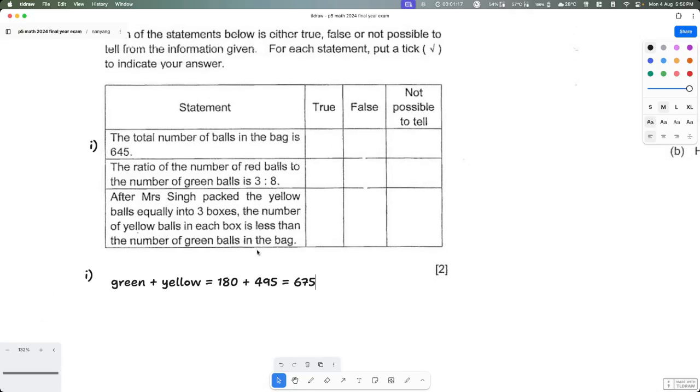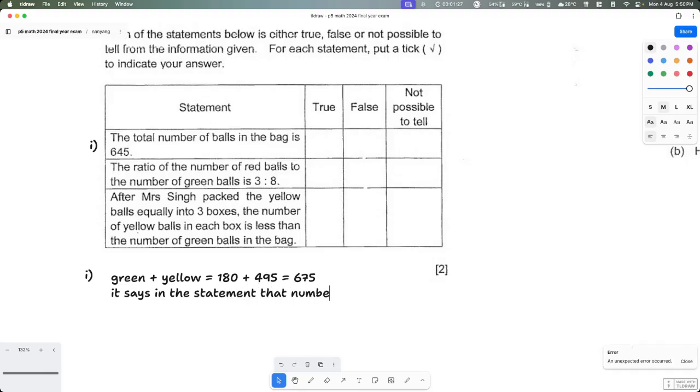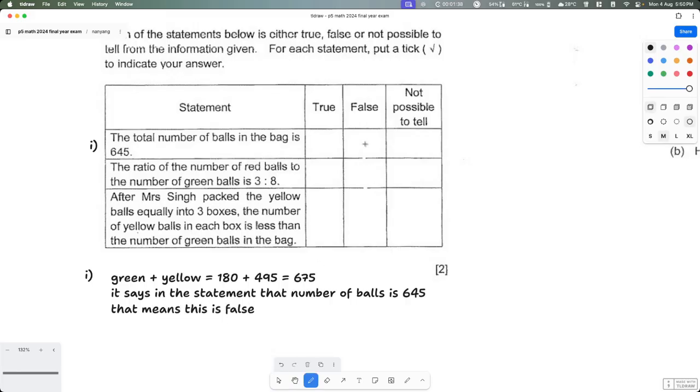However, it says here the total number of balls is 645. So it says in the statement that the number of balls is 645. That means this is false.